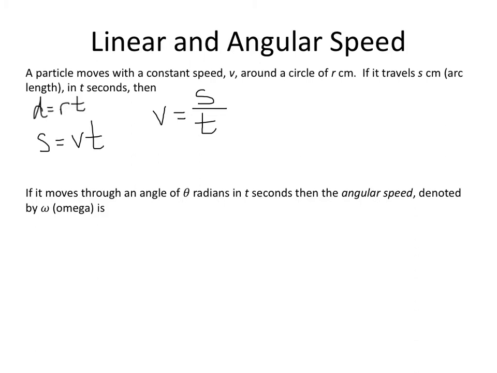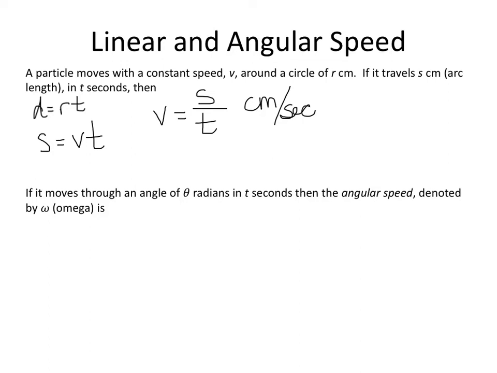Remember that s is the arc length of the particular circle that we're on. We probably will need r in order to find that arc length. In this particular example, our units here are centimeters per second.